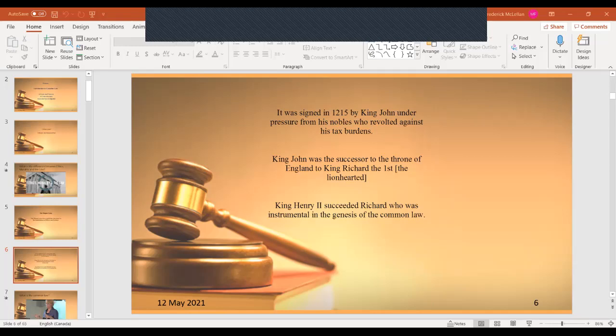King John was the successor to King Richard the Lionhearted, who went off to the crusades, most commonly portrayed by Sean Connery in any movies you would see. Then after him came King Henry II, who succeeded Richard I, and he really was the monarch most instrumental in the creation of the common law.